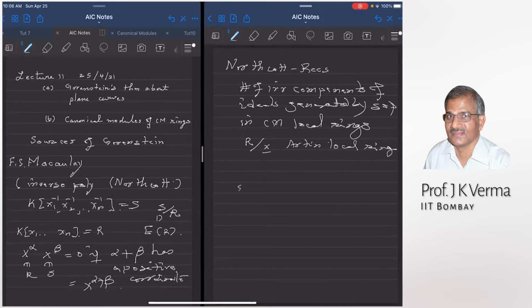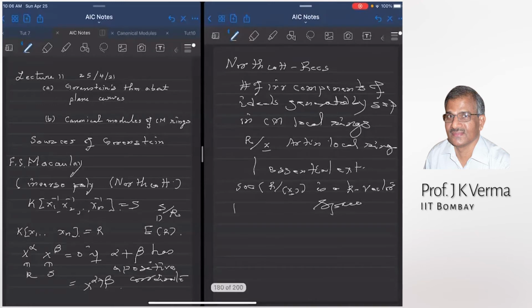And you can construct the socle of this Artin local ring. This is an essential extension always, and this socle is a K-vector space, where K is the residue field.